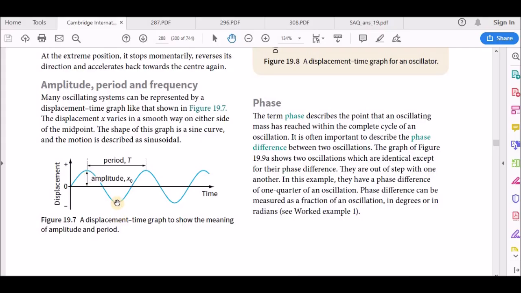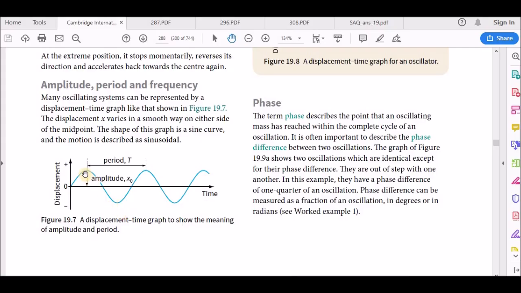The way you find the velocity from a displacement time graph is from the gradient. So if you want to find the gradient, you can draw a tangent over here. You will see that the tangent is a horizontal line. If it's a horizontal line, the gradient is 0. Okay, so the gradient is 0 here and 0 here. That means at the extreme positions, the velocity is 0.